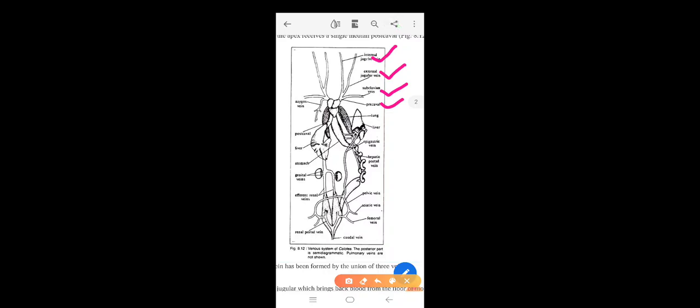At the posterior side, caudal veins along with the renal portal vein, femoral vein, sciatic veins and pelvic veins form an epigastric vein which pours blood into the liver.